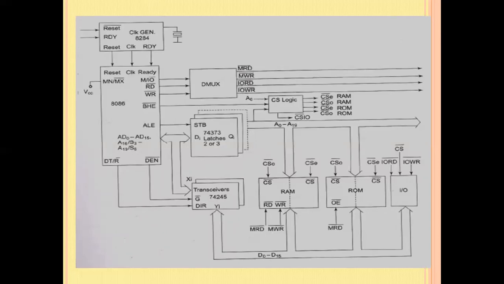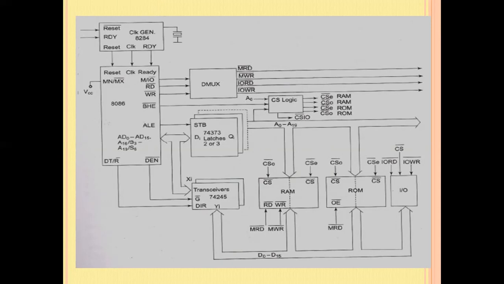So here for memory we are taking RAM and ROM, and other than RAM and ROM, we also have one more module called IO. With these three modules, the CPU has to do some transactions.